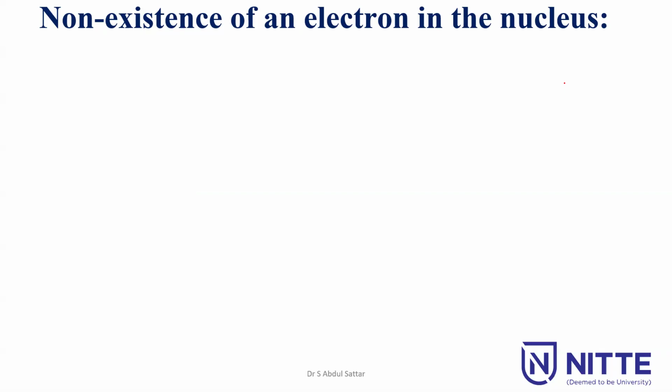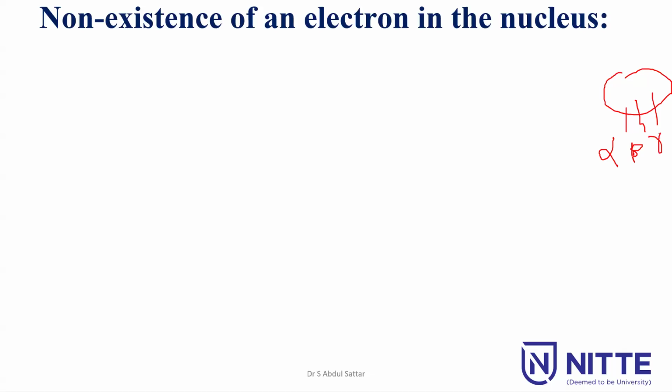Why does this confusion come here? Why was it assumed that electrons exist inside the nucleus? If you take any radioactive nuclei, such as uranium or plutonium, from the nucleus of these radioactive materials we get alpha particles, beta particles, and gamma particles.